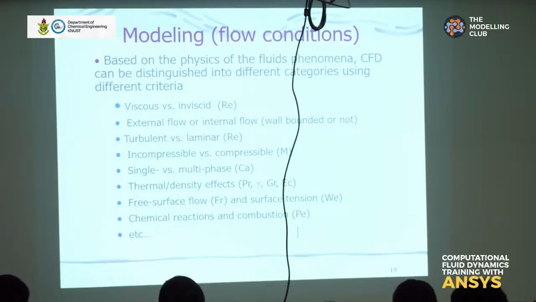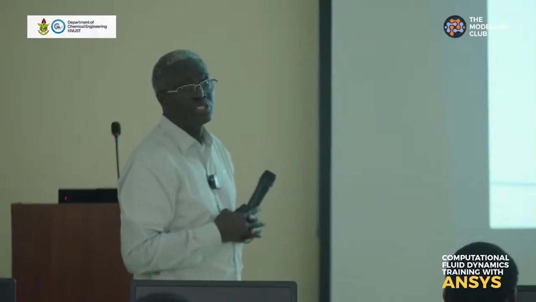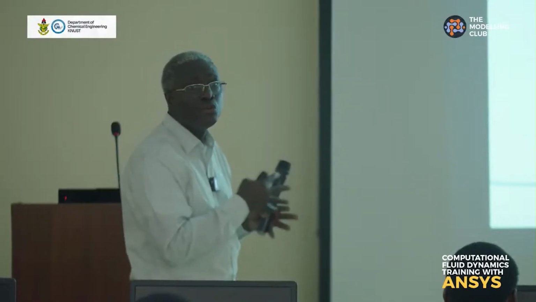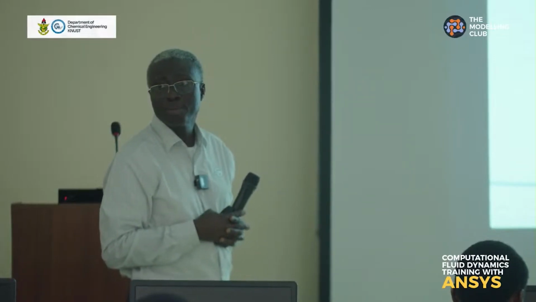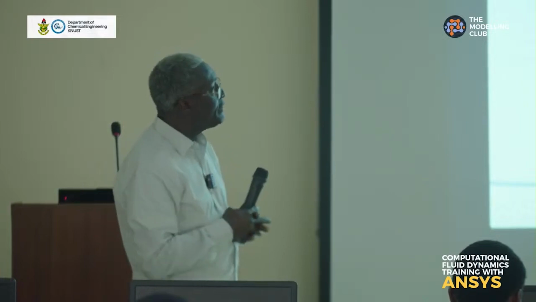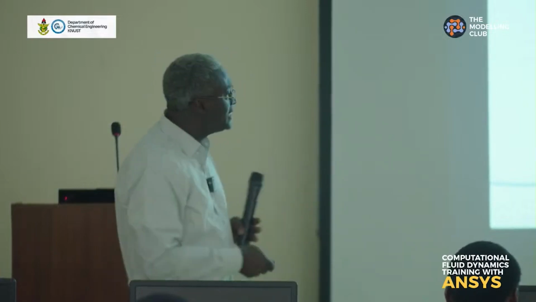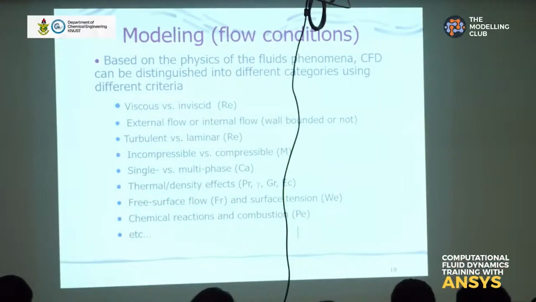This is just saying that you have to clearly understand the category or the nature of the system that you are solving so that you can use the proper formulations in computational fluid dynamics. If the fluid is non-reacting, then of course you don't have to worry about chemical reaction and combustion. But if it's reacting, then you have to introduce Fick's law and other laws into your governing equations.